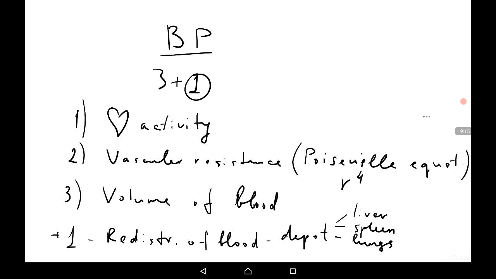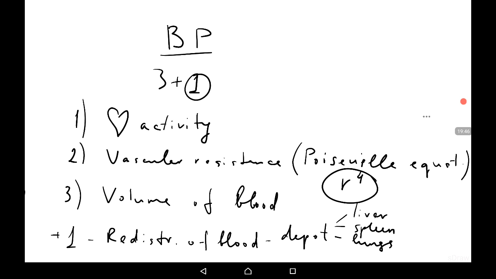We do not have 20 liters. So that's why the important factor that is playing the crucial role in the maintenance of blood pressure is the vascular tone. So vascular tone may change the inner radius of the blood vessels, and is very important for the redistribution of the blood pressure.